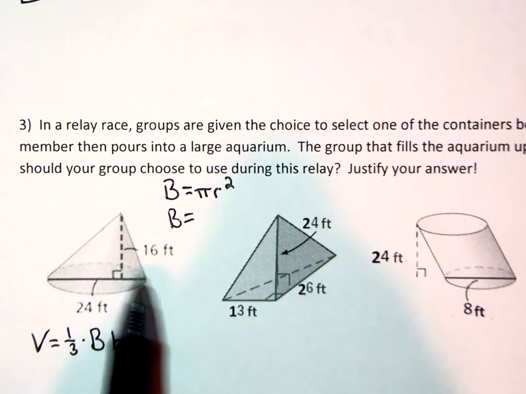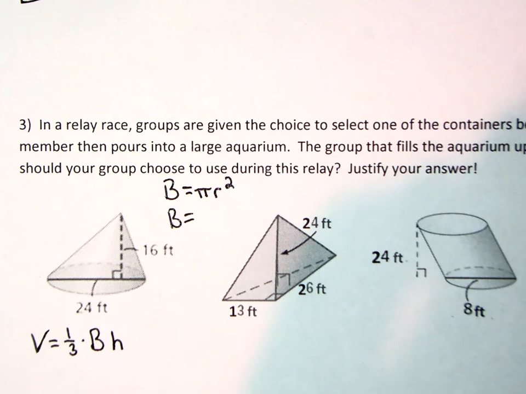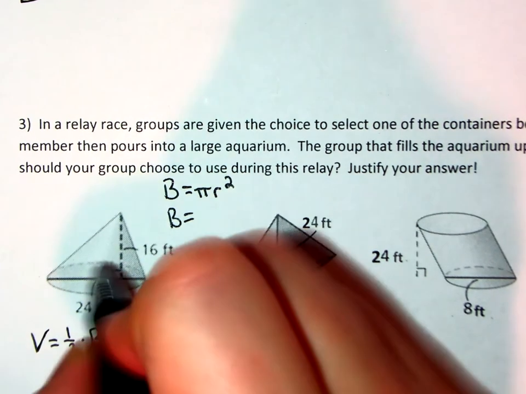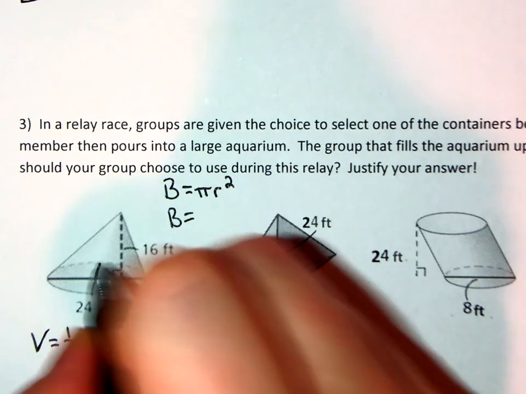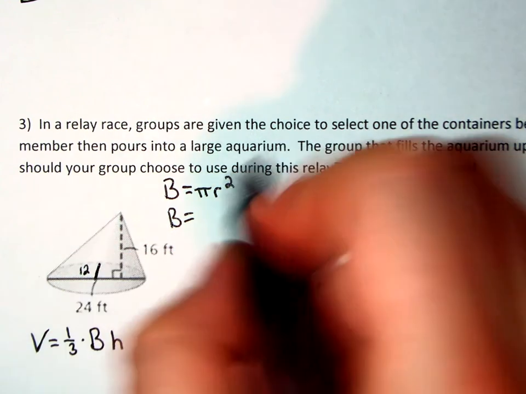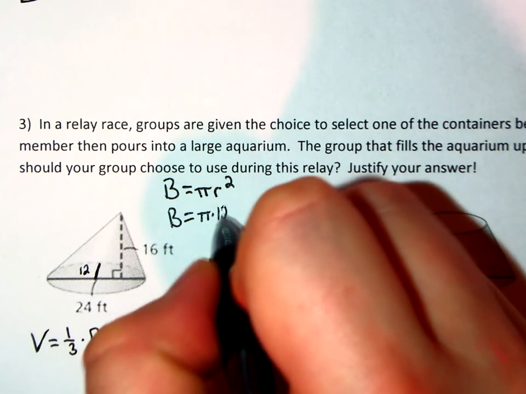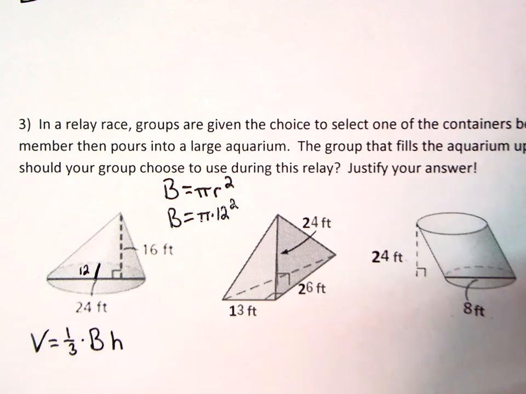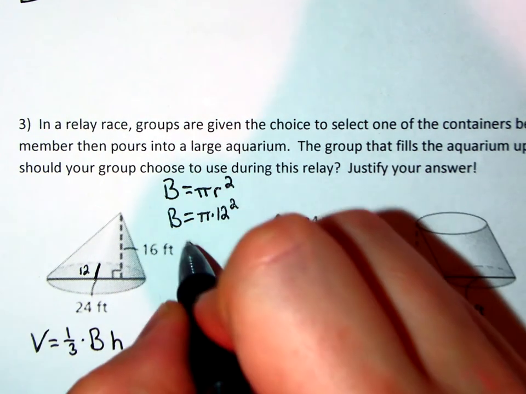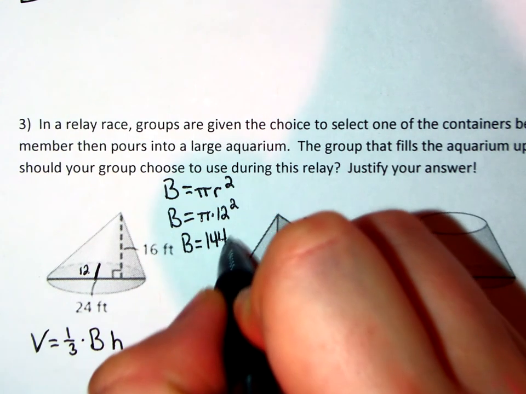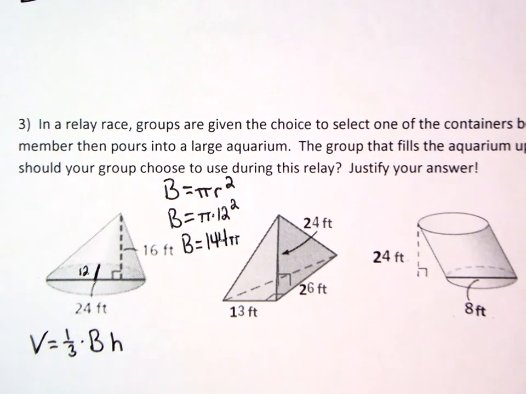Now we're given a diameter here of 24, and the diameter is twice the distance of the radius, so half of this would be 12, which means I have pi times 12 squared. 12 squared is 144, so my base is equal to 144 pi.